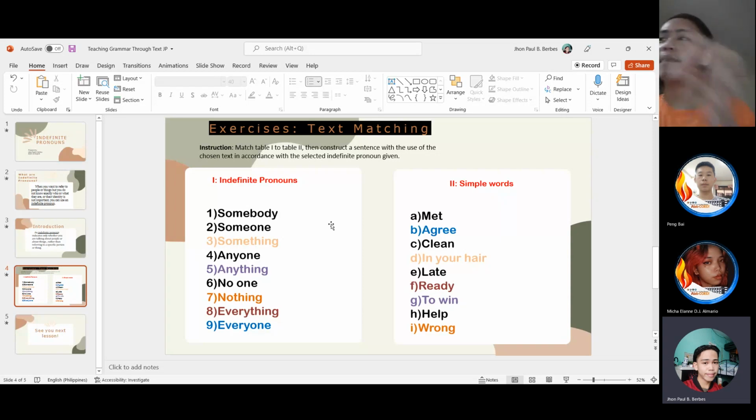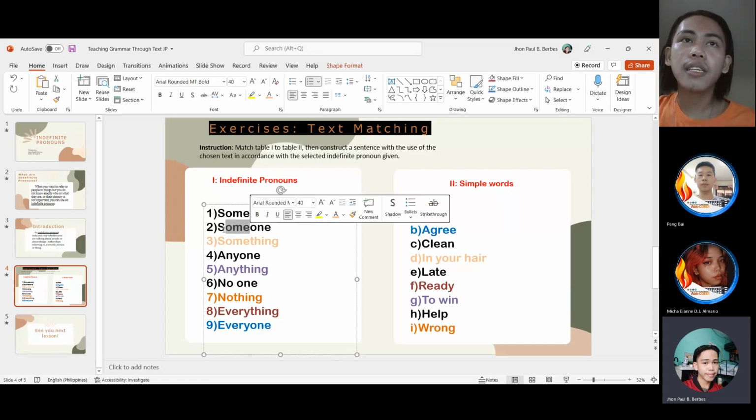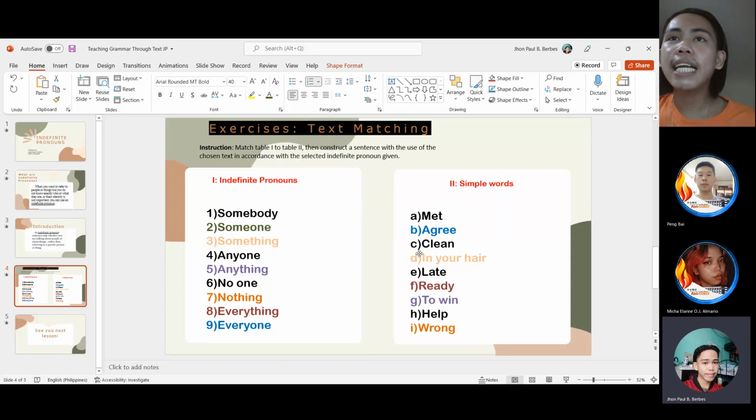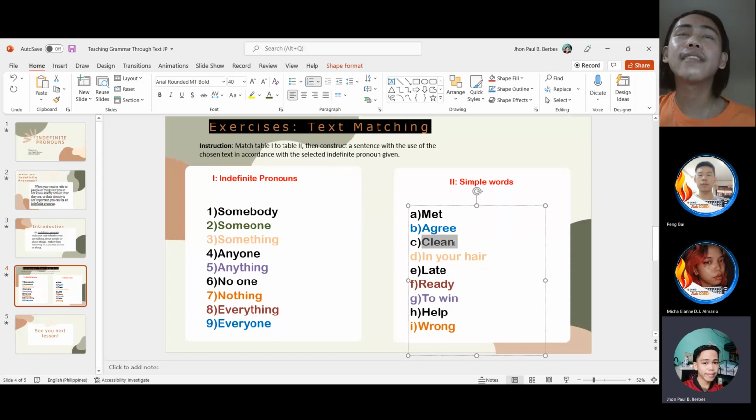Okay, I will turn it into a positive question. "Someone cleaned the room" into "did someone clean the room?" It is now a positive question, and it is also acceptable using "someone" as an indefinite pronoun. I will highlight this because she uses "someone" and then "clean."